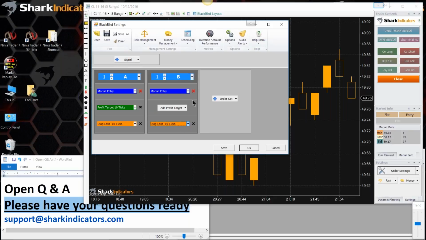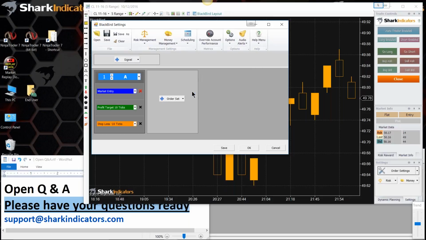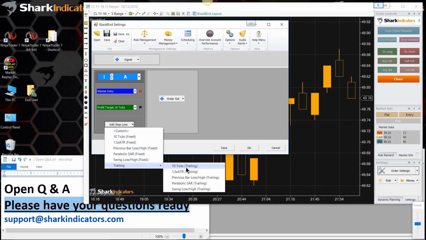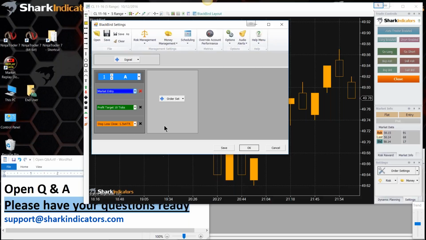Let's say order set 2 is our runner. The only way to stop the runner is for the stop loss to get taken out. Actually, let's back up here. Let's make this a trailing stop loss. That'd make more sense.